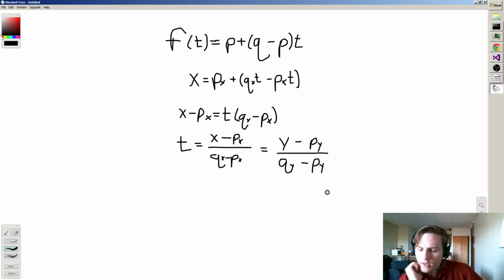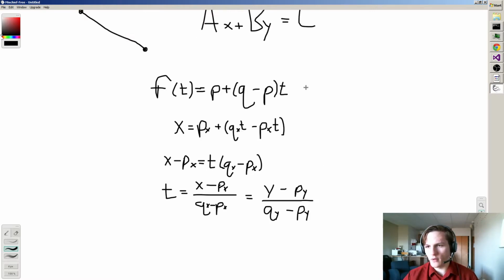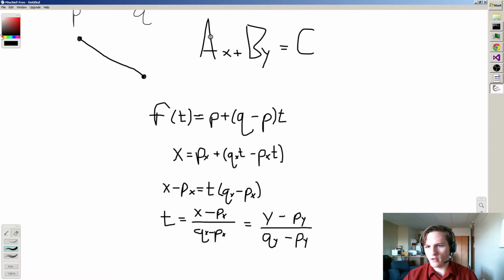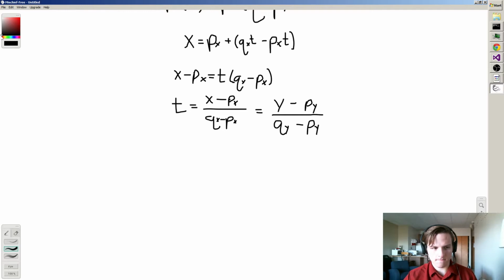Those two equations are equal, and then I just want to solve for, well, I want to put it into this form so that I have a constant times x plus a constant times y equals a constant.